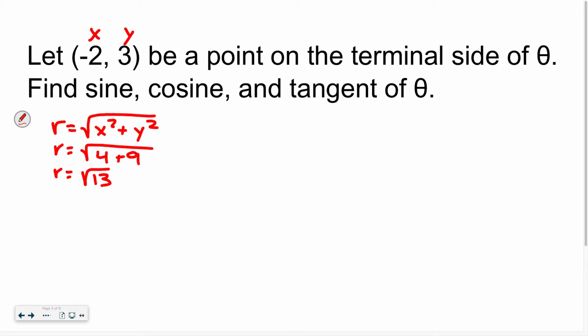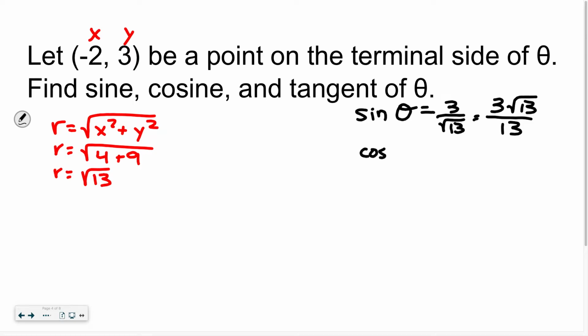And then, if you remember the definition, like that box, that sine is y over r, cosine is x over r, and tangent is y over x, then you can do the trig ratios, right? So we would say the sine of theta is 3 over square root 13, which is 3 square root 13 over 13.